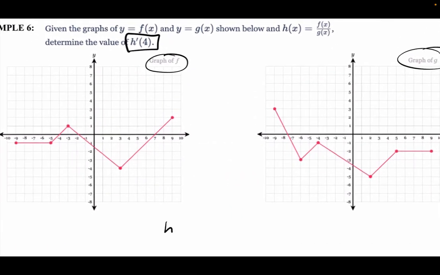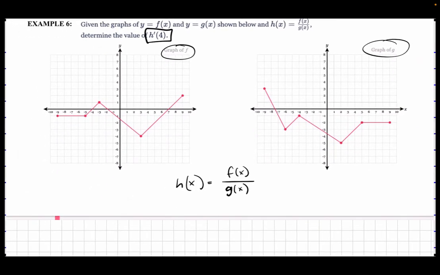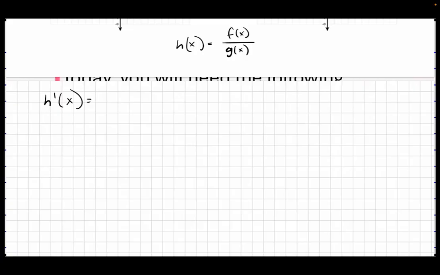They told me h of x equals f of x over g of x. So the first thing I need to find is h prime of x. How do I find h prime of x?